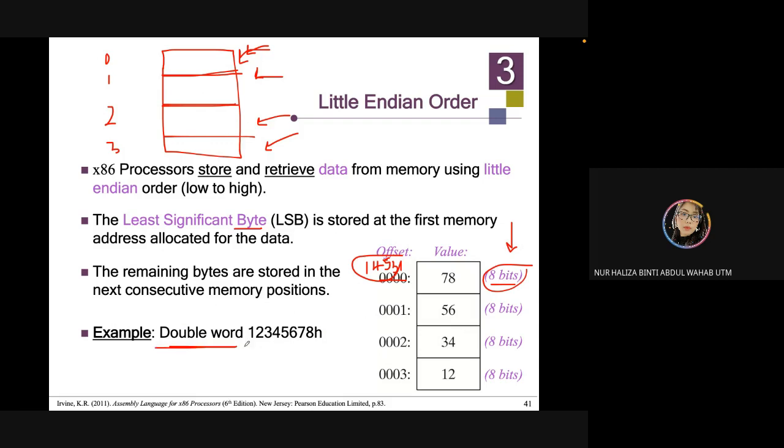So, if you were given here, it is double word. Remember, word is equal to 16 bit. Okay, for example, if it is word only, can or not? So, word will be 16 bit.